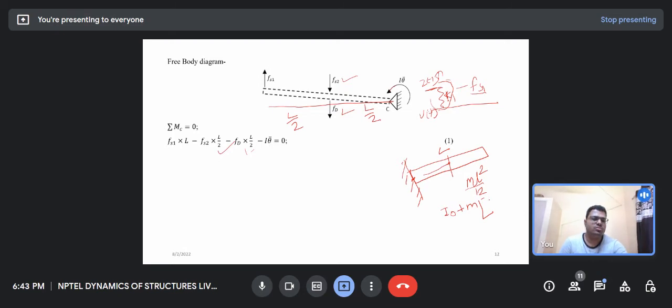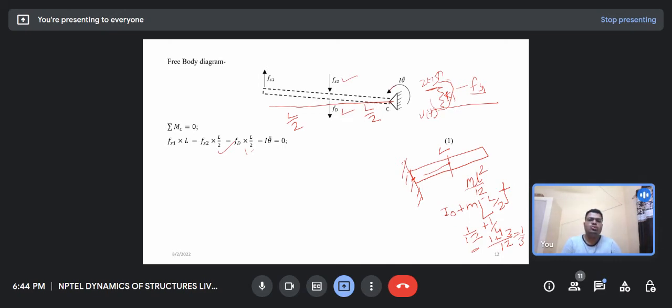This is L by 2, so that would be L by 2 square. So that will be 1 by 12 plus 1 by 4. If you take 12 as the common denominator, that will be 1 plus 3, so that would become 1 by 3. So that becomes ml square by 3. Understood? Yes, sir.